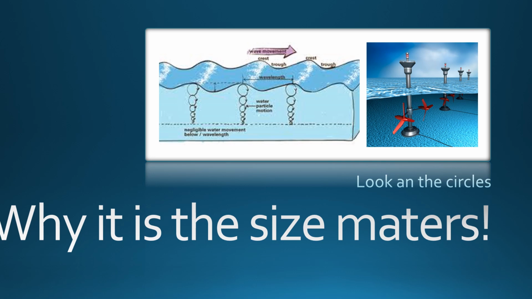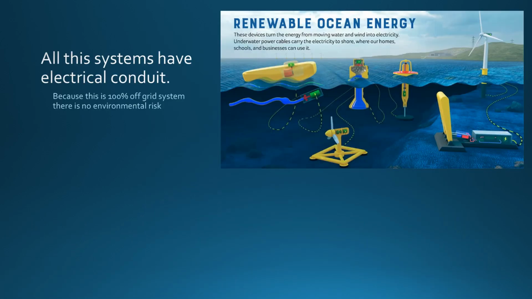Now, per this chart, only at the very surface do you get the most wave power. As you continue down, you get logarithmically less wave power until the seabed. Here are a bunch of current designs on a renewable ocean wind energy of all types.